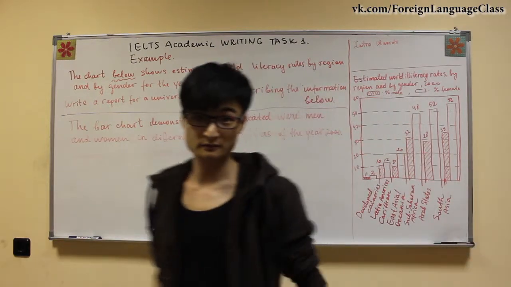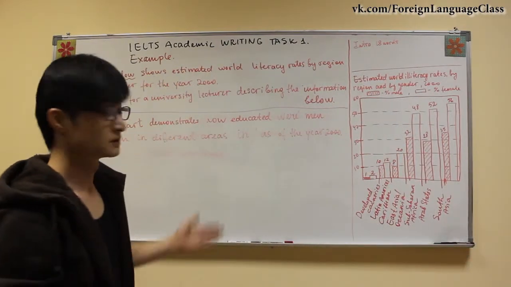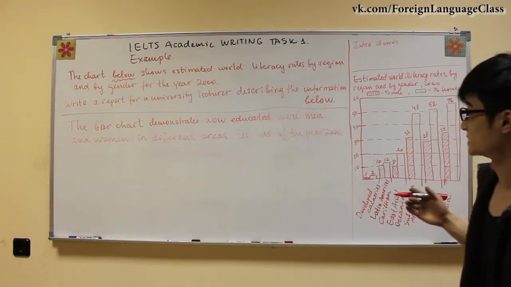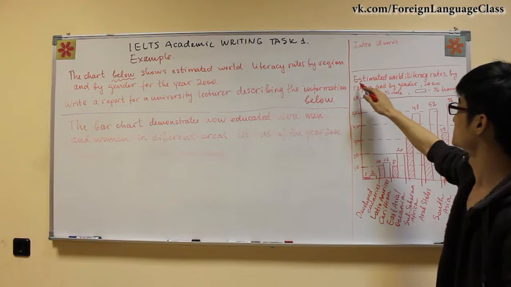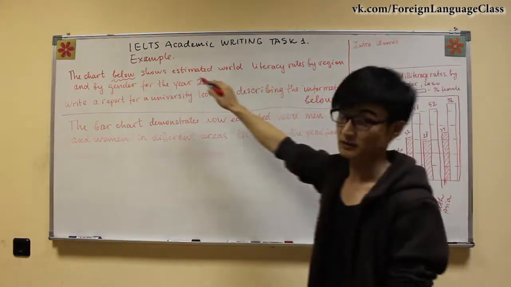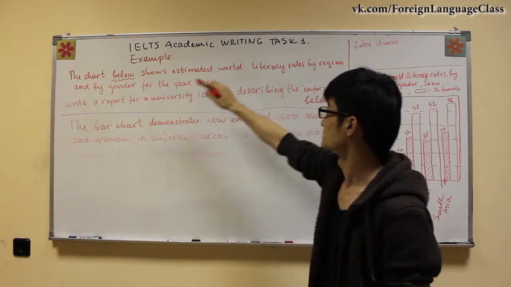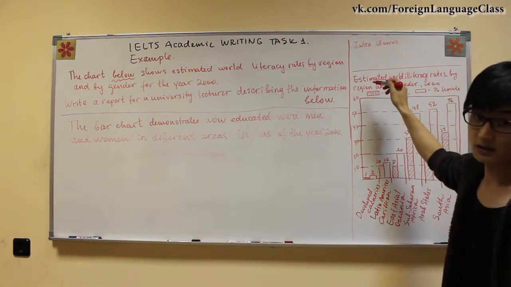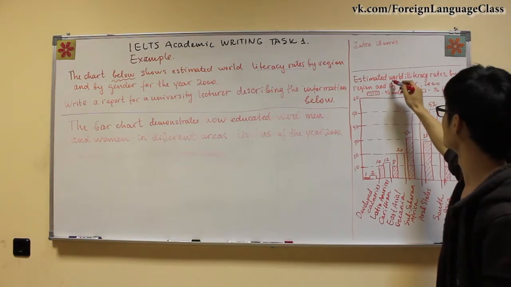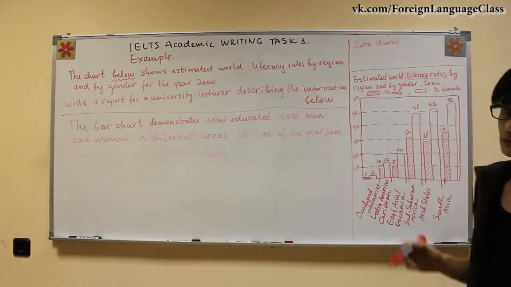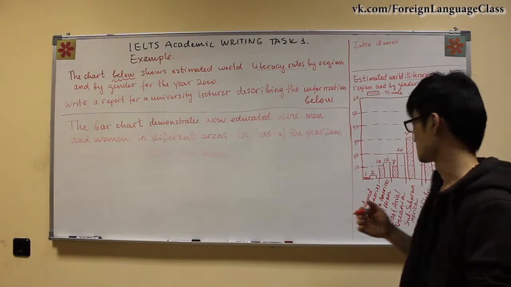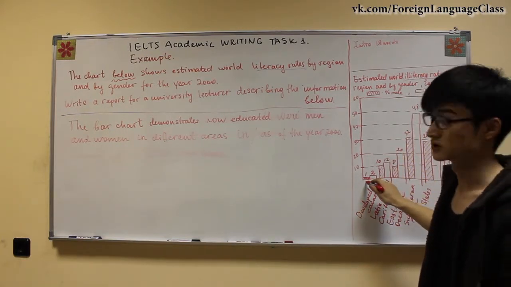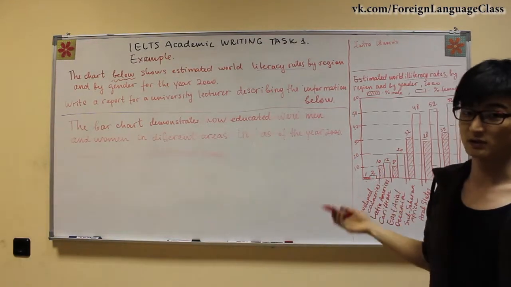Okay, now let's analyze the chart. As you remember, let's pay attention first to the title. The task says that the chart shows world literacy rates, while the title on the chart shows illiteracy rates, which is just the opposite. So the literacy rate in developed countries was not 1%, it was 99%.